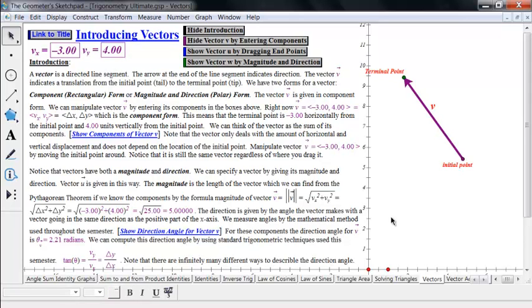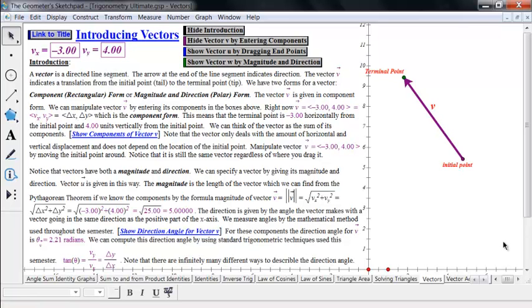Well, what do these mean? Sometimes we'll use this notation where we have these less-than and greater-than signs that enclose our vector, and then we have our horizontal or x component here, and our vertical or y component here. Of this vector v, this is the x component, or we could just call this x. Really it's delta x.